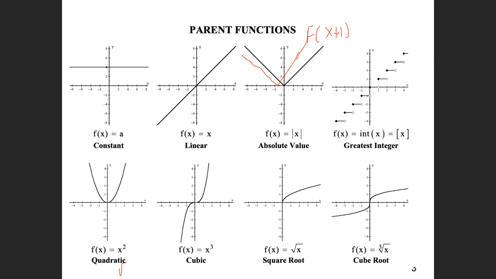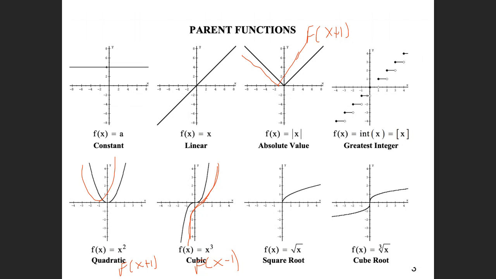If it was f of x minus 1, it's going to shift it to the right one unit. So that's basically the whole concept of this week, being able to take a function and shift it over.